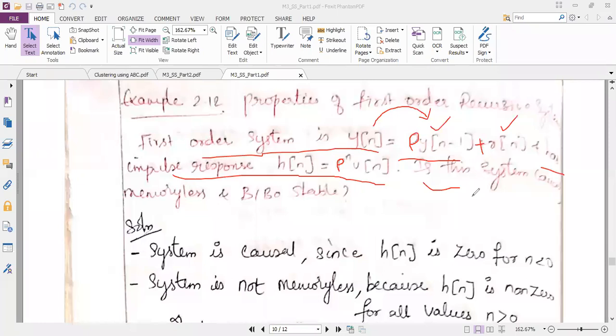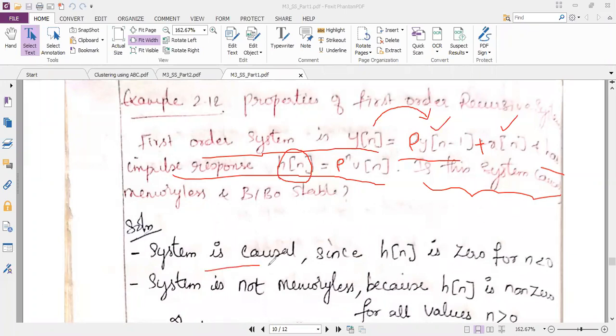They are asking you to check whether the system is causal, memoryless and BIBO stable. Based upon this h of n, I will be able to identify whether the system is causal, memoryless or BIBO stable. So let me find whether the system is causal or not.